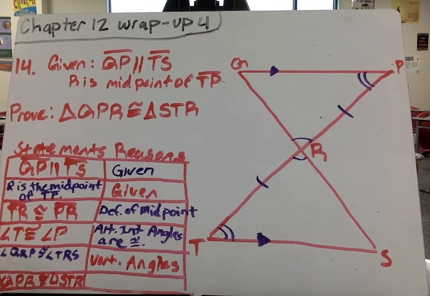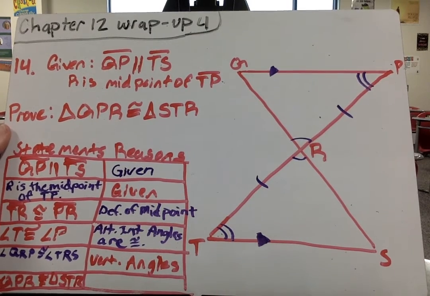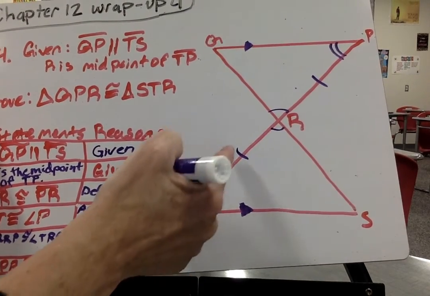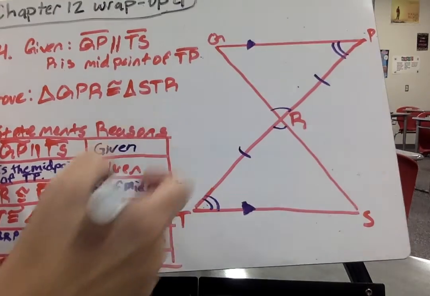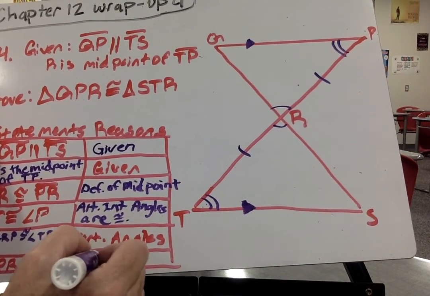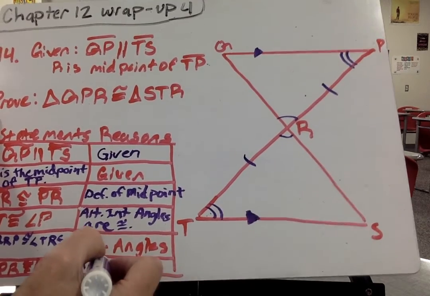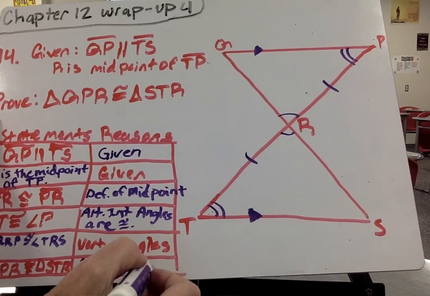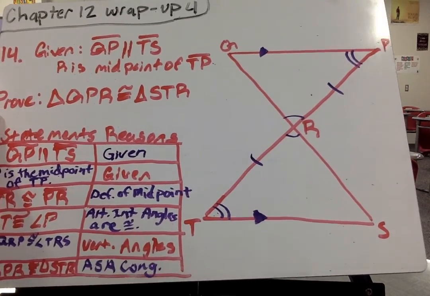Okay. So how do we know that they're congruent? Angle, side, angle. Angle, side, angle. So it's angle, side, angle, congruence. And I'm going to leave it CONG for congruence.